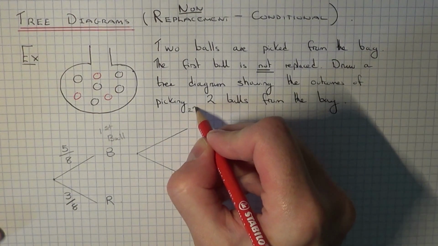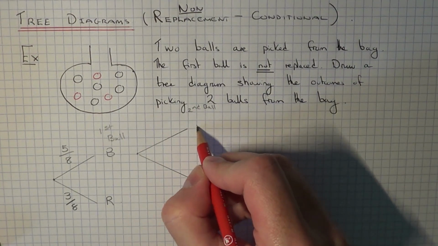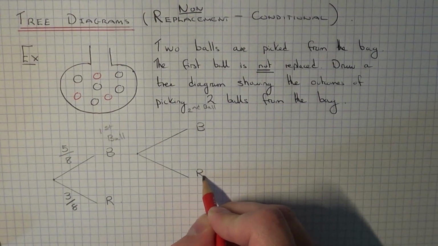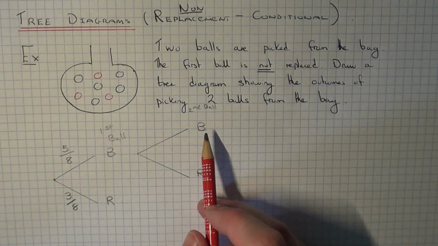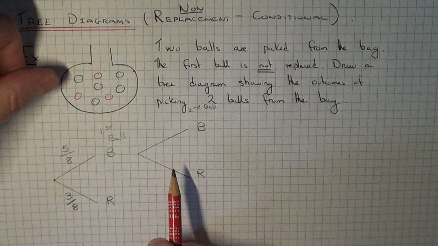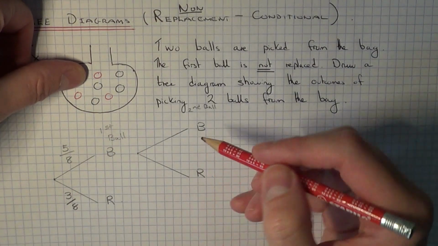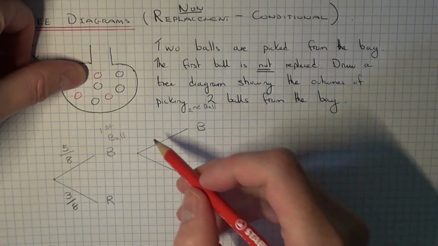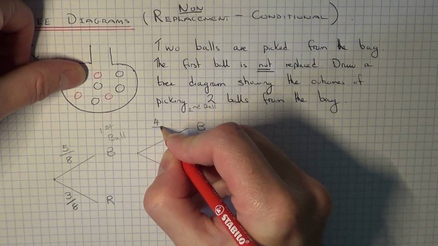Again, on our second ball, we can either pick out a black or a red. Now this is where you've got to be careful, because you have to remember what you picked out first of all. First we picked out a black ball, so the probability of picking another black out now would be 4 out of 7.